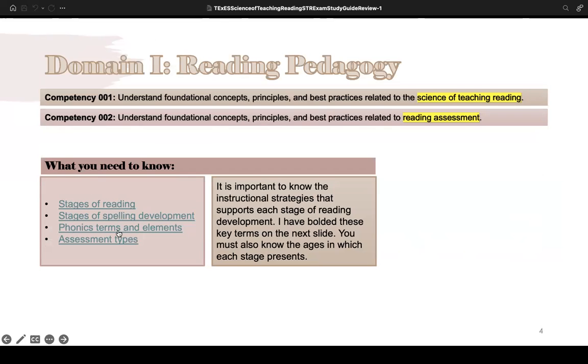Phonemes, phonetic terms and elements, the basics of language. A phoneme is the individual... Oh, that's not good that you can't see that. Phoneme. Individual speech sounds.